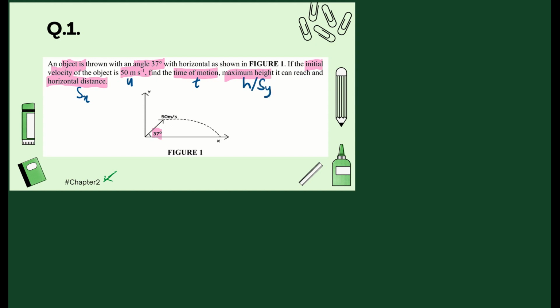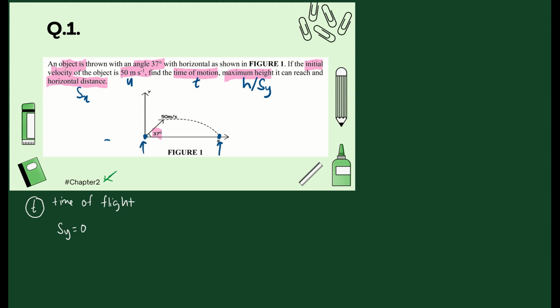To find time of motion, we actually have two options. The first is to find the time of motion, or we call it time of flight. The first method: we have SY equal to 0, meaning it is the time taken from the initial point until it reaches the final point here.